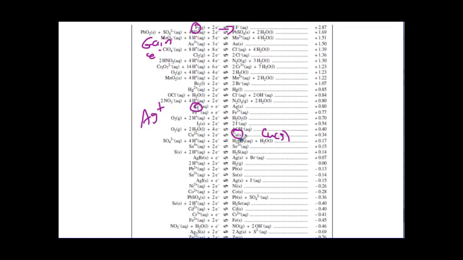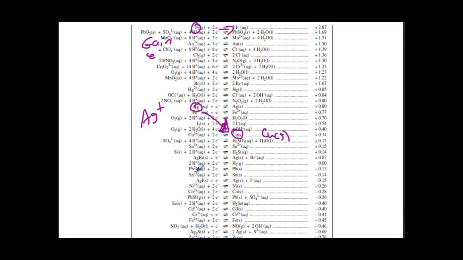Copper is maybe a little further up the table. Here's how this rule works. If it's like a downward arrow, then a reaction is likely to happen. We call that a spontaneous reaction, where silver is going to take the electron and become silver solid, and copper is going to lose the electrons and become copper 2+.